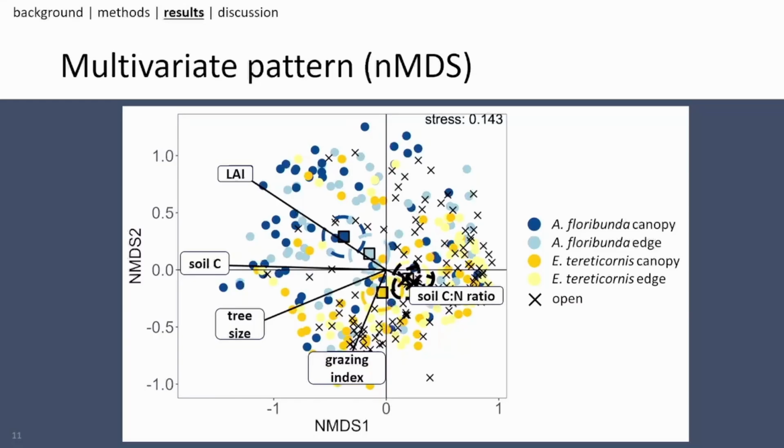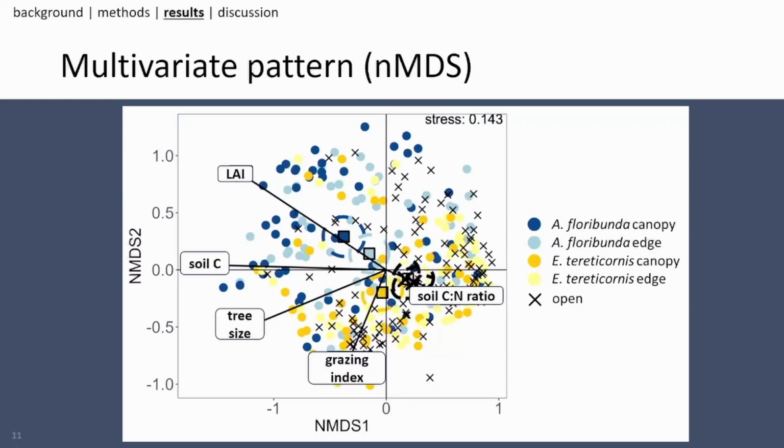We cannot really see any distinctive grouping or clustering, but we can see that the centroids, for example for Angophora floribunda, the dark blue squares, were shifted away from the centroid of the open plots, which are the crosses, whereas for Eucalyptus tereticornis, the centroid overlaps with the open plots.